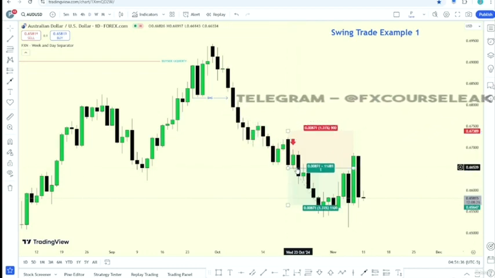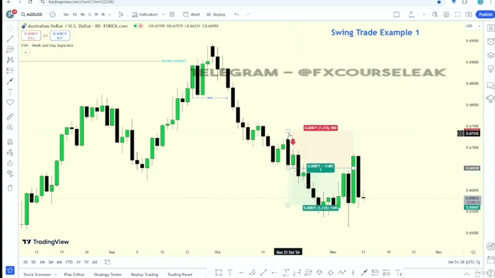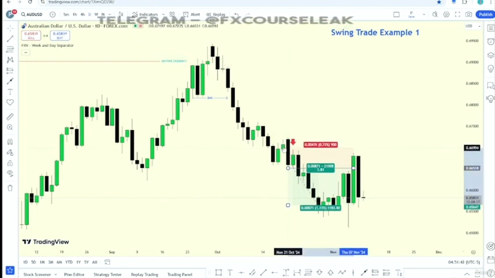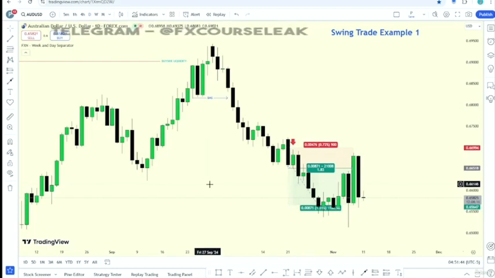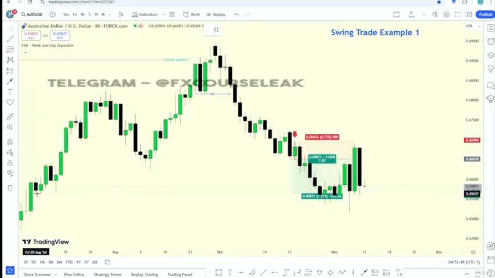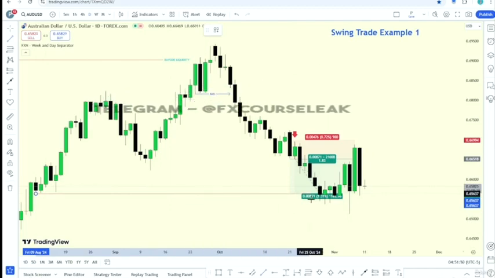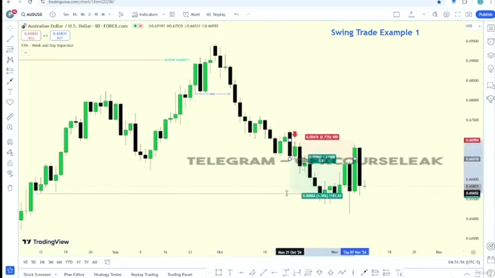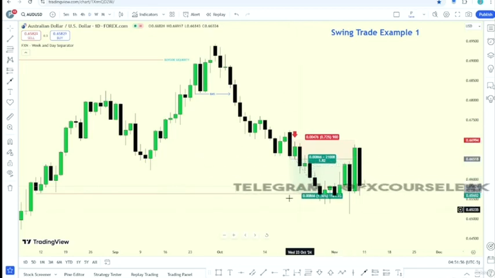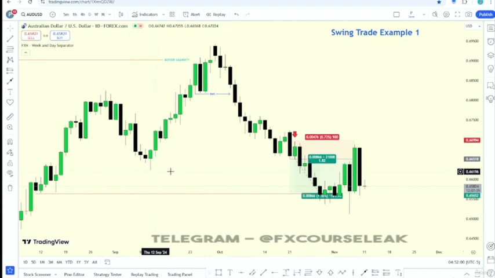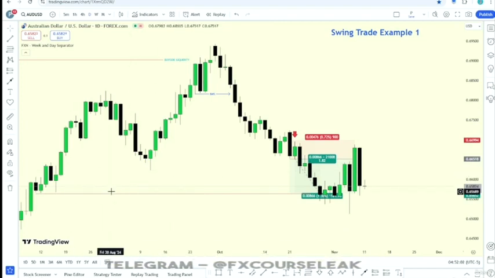Our entry comes in at the low of the order block, and for the stop loss, I'm going to use the high of the order block, maybe adding a few pips above it. Then for the take profit level, I'm going to use these lows down here. You can see how aggressively the market drops. Maybe if we look at this, this was too close. So these were the ideal exit points.